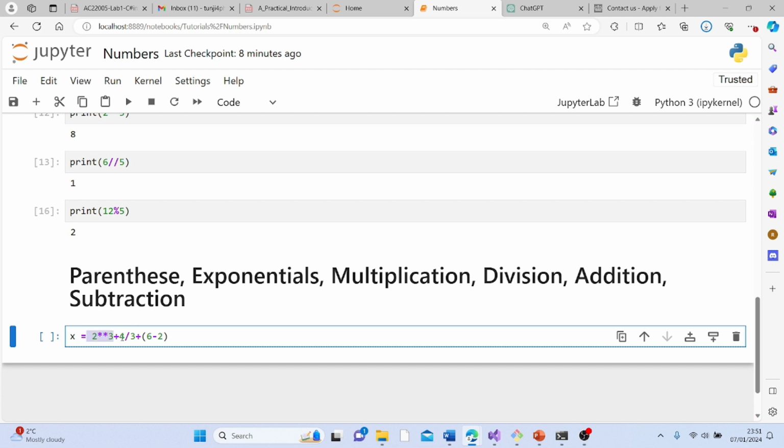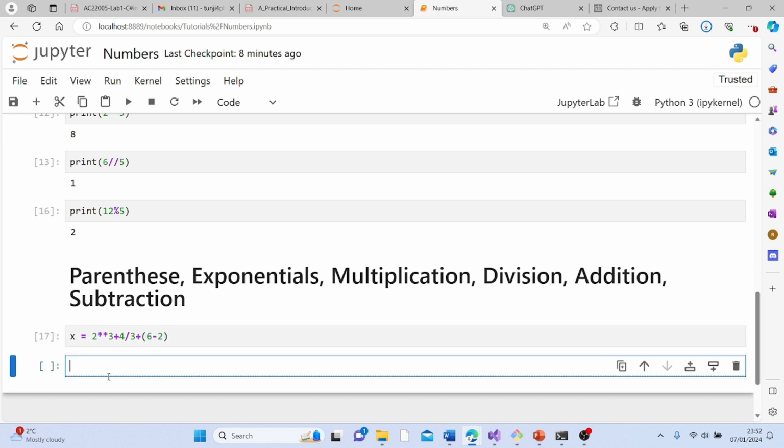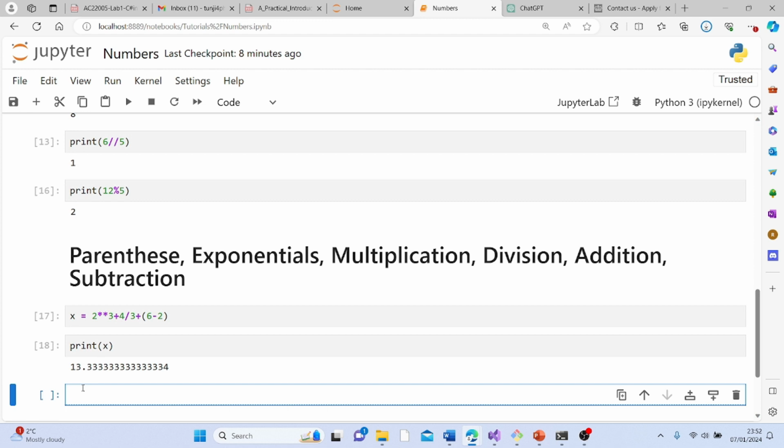Then the division will be done next, then the addition next. So if you run this and print x, you have the value of this expression, 1.33, something around that. The division by 3 gives us that floating value. So that's it, you have the precedence, the order of your operations.